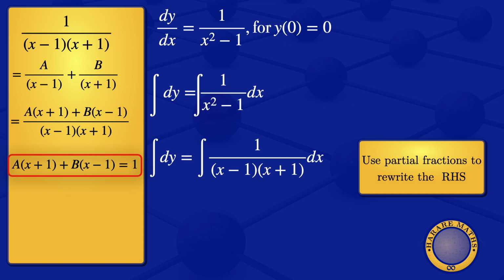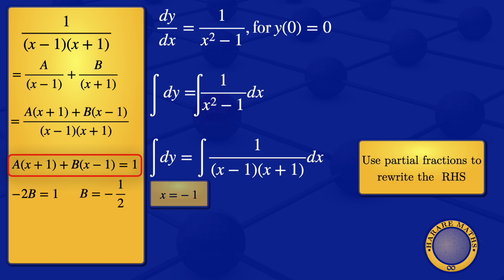We can now use this equation to solve for a and b. To do that, we can eliminate a, then solve for b, then eliminate b, then solve for a. If we substitute x equals minus 1 here, then this part becomes 0, so we remain with minus 2b equals 1. Solving for b, we have b equals minus 1 over 2.